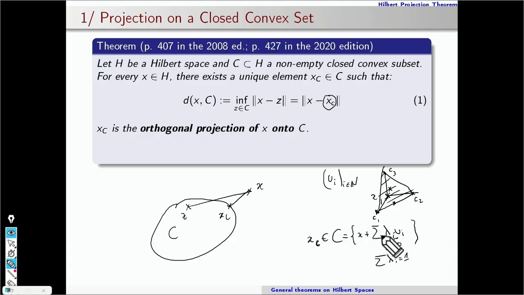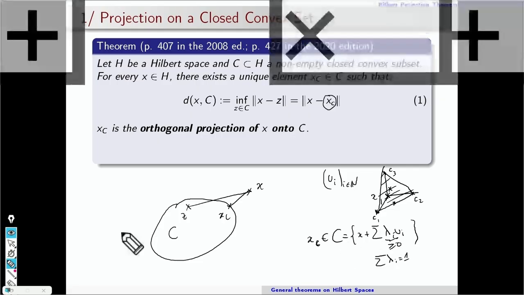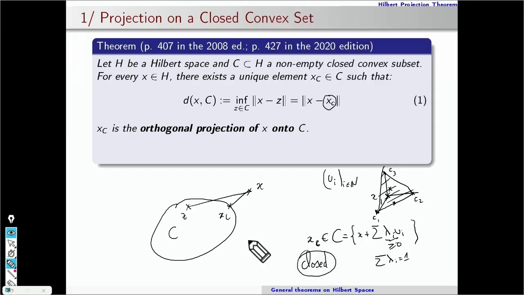Here, if we only allow finite sums, then C will not be closed and the theorem will fail. So what we really need is C to be closed. And as a closed subset of a complete space, it will be complete. So we are replacing compactness by completeness and convexity.